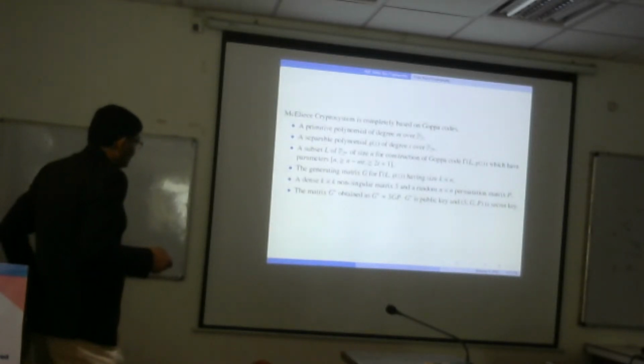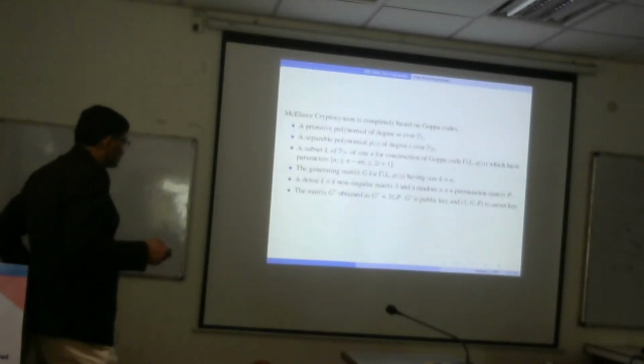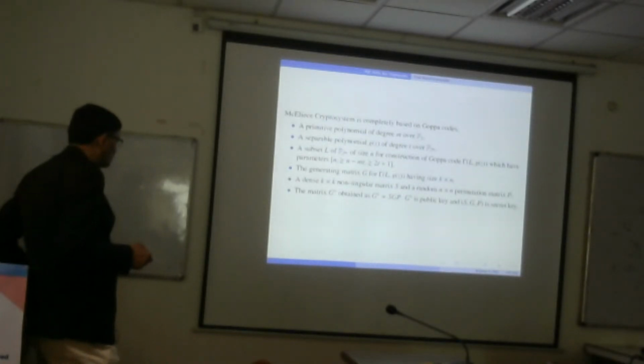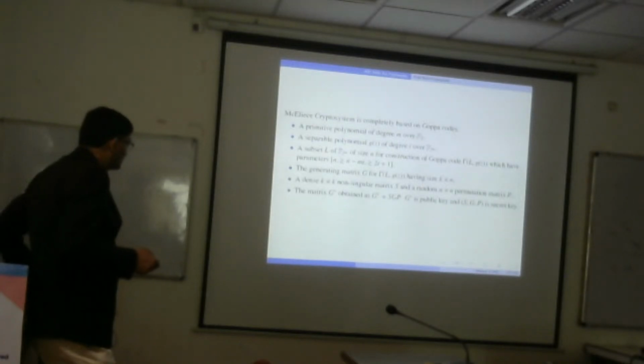Suppose we are using, in the McEliece system, Goppa codes, and g(z) is the Goppa polynomial. First we have to know which code we are using. If we are using the Goppa code, then we should have a generator matrix of that Goppa code, and the size of this matrix is k cross n, which is standard in coding theory.